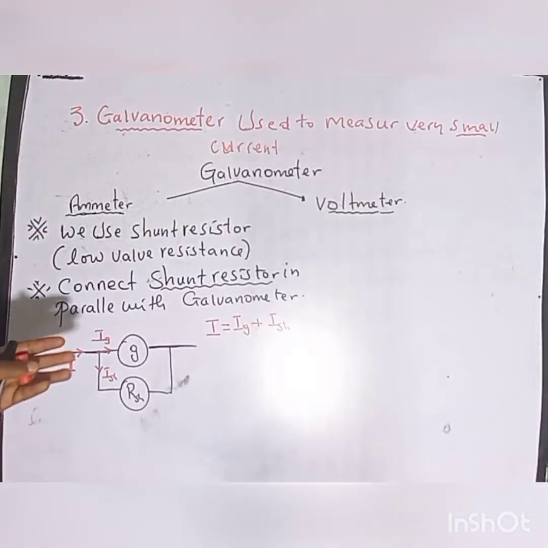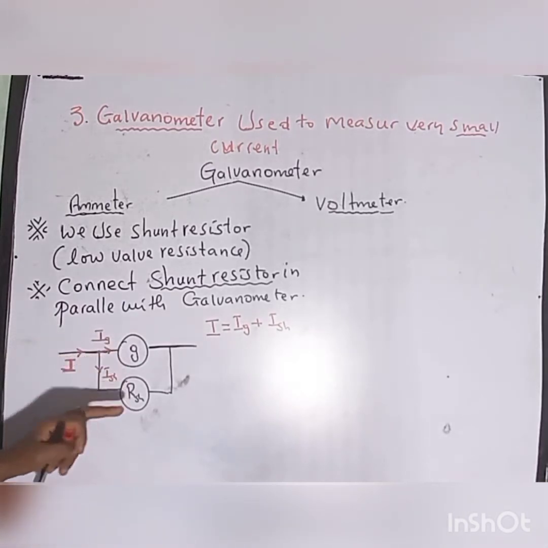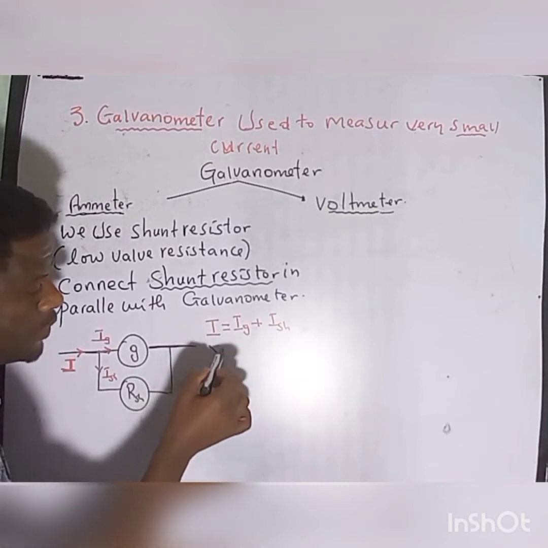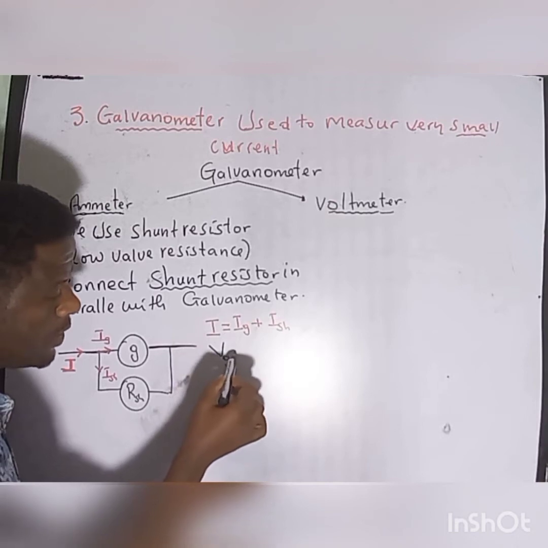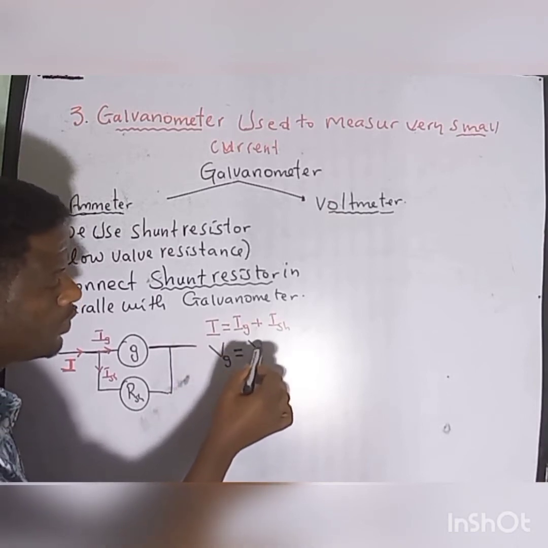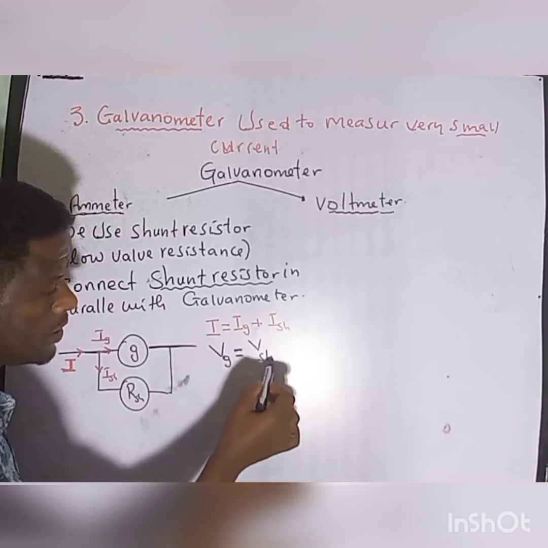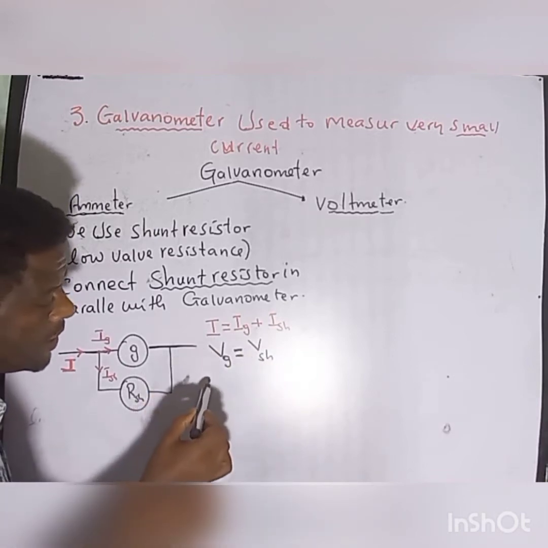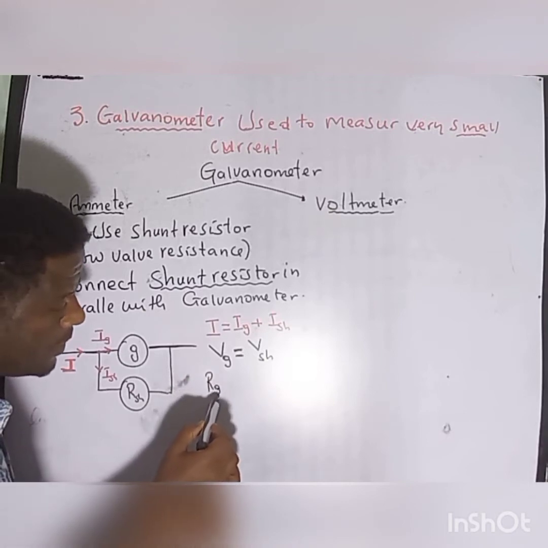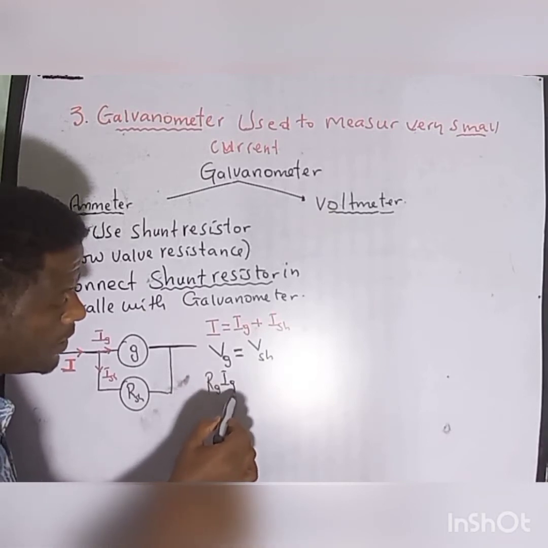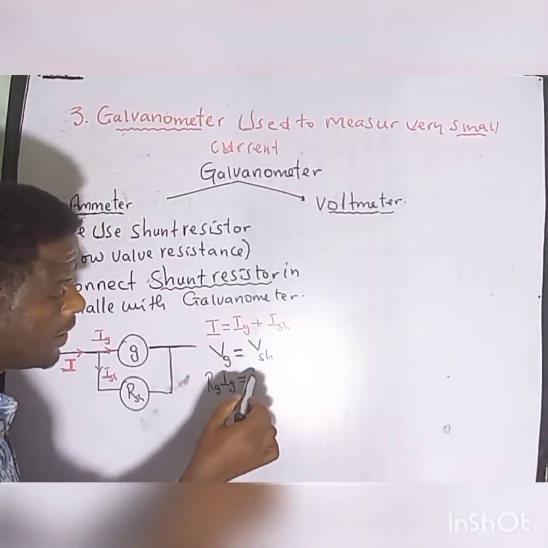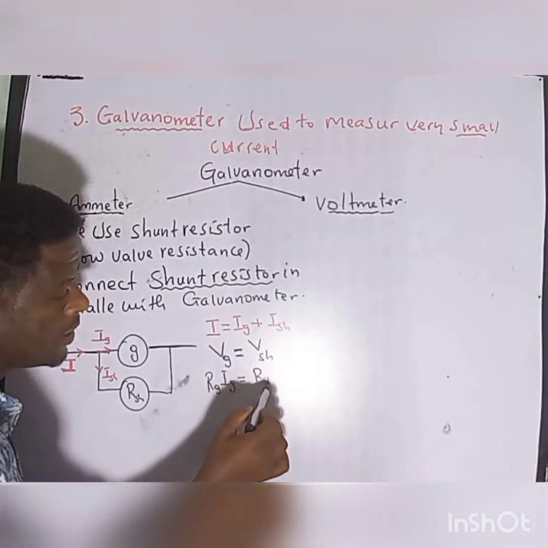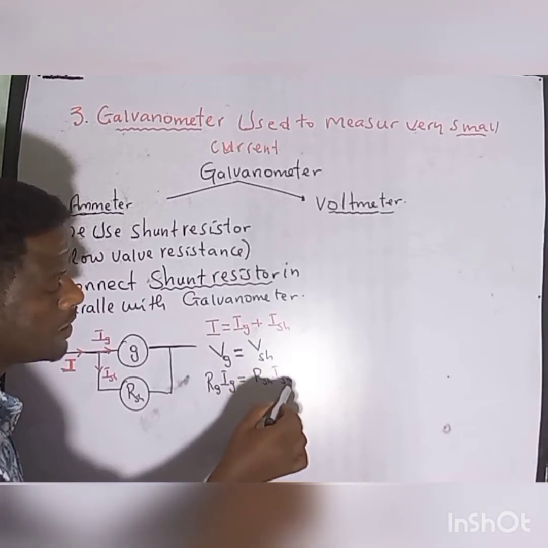But since both are in parallel, the voltage through the galvanometer and the voltage through the shunt resistor should be equal. From Ohm's law, voltage means resistance of the galvanometer times the current through the galvanometer, Rg Ig, equals R shunt times I shunt.